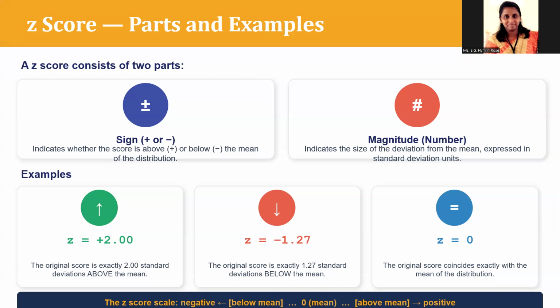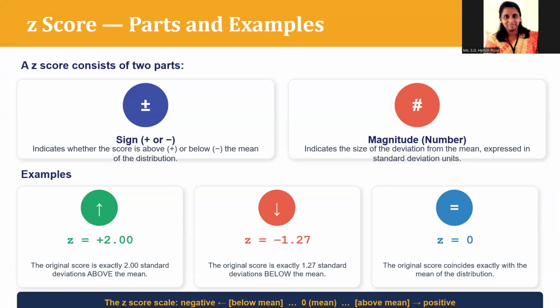So interpreting Z scores practically: how does a student's score compare to the class average? Z greater than 0 means above average. Z less than 0 means below average. So practically, for medical testing, finance, and quality control, we use this Z score.